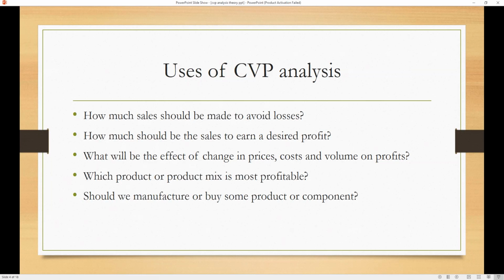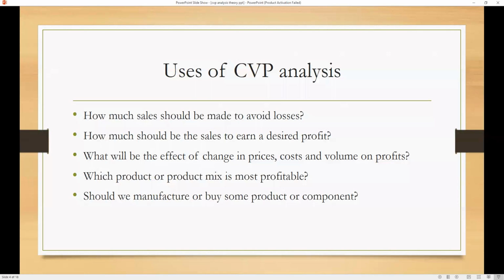If I want X profit to be made, what is the volume of sales or the amount of sales that I have to make? Next is, what will be the effect of changes in prices, cost, and volume on profit? If there is a change in price, cost, or volume, what is its effect on the profits of the company?